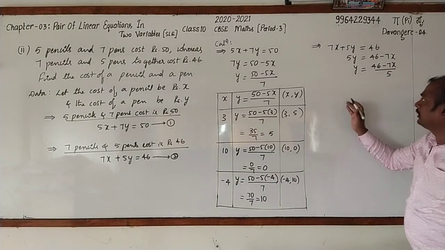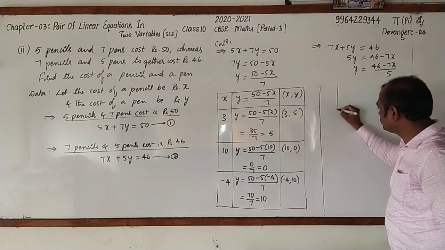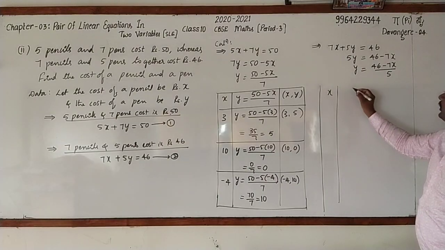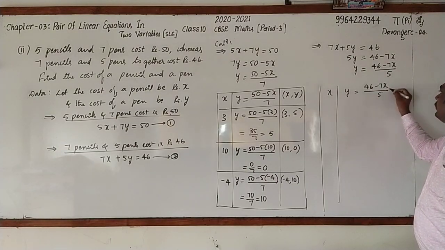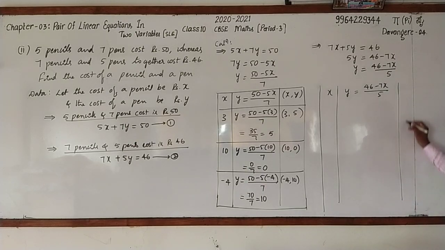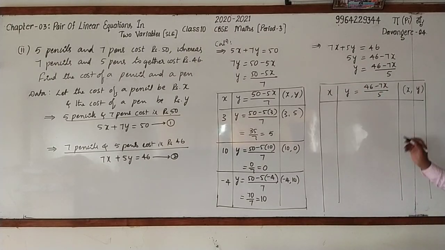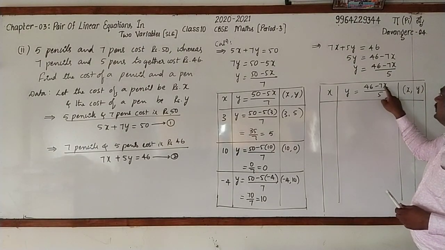Clear? Now, let us find the coordinate points. Hence, I draw the table. First column is for x. Second column for y is equal to (46 minus 7x) by 5. Then third column is for x comma y. Now, let us choose the value of x. Will you take 0 in place of x?